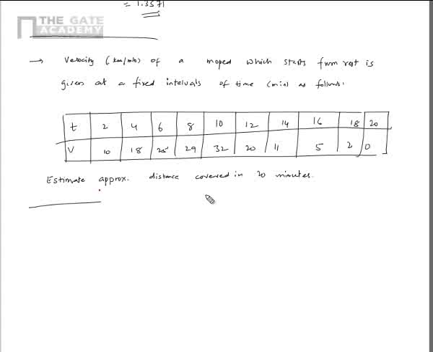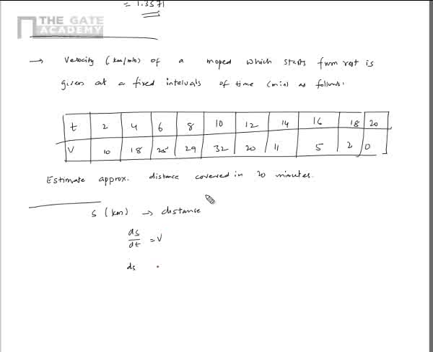Let S be the distance, in kilometers. I can write ds by dt as v. The derivative of displacement gives the velocity, and since it is moving in a straight line, displacement and distance are the same.